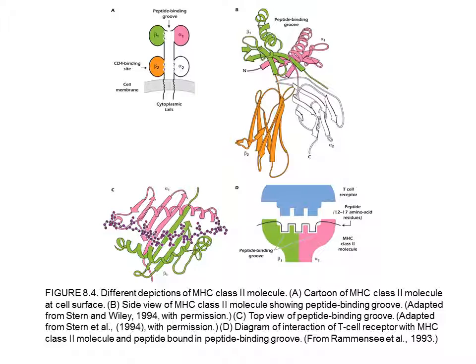In MSC class 2, again it has a peptide groove that you see over here. This molecule, the green one over here, is beta 1. And then what you don't see over here is beta 2, which is a CD4 binding site. So there's a site on MSC which is going to hold on to CD4.